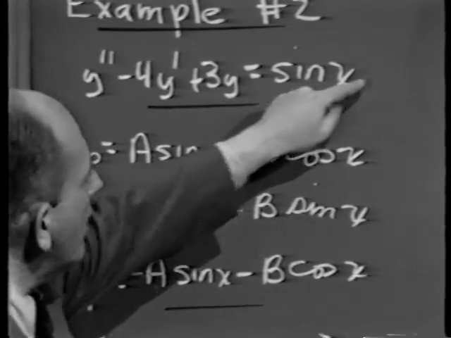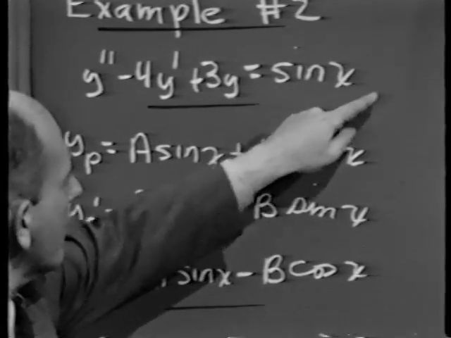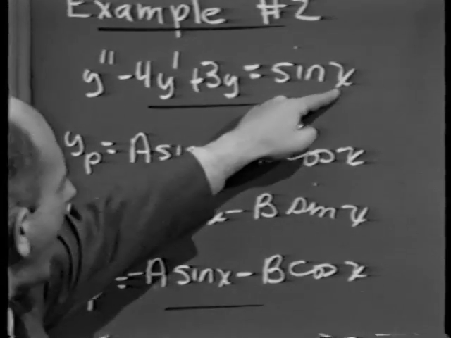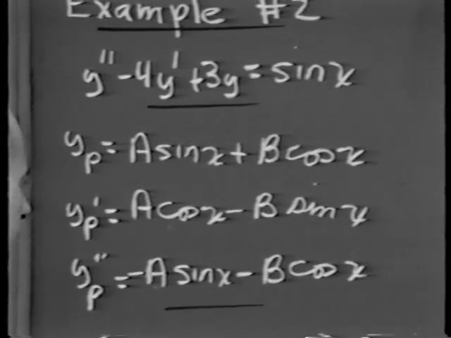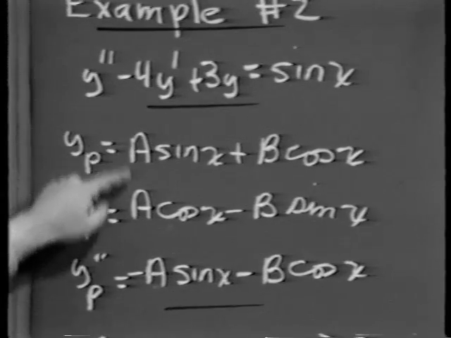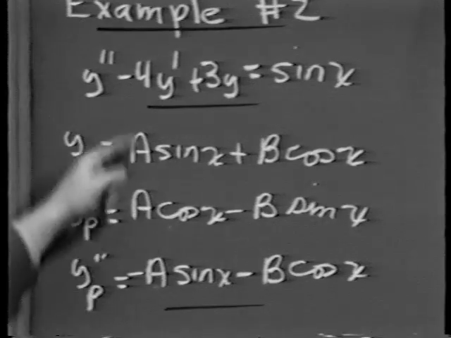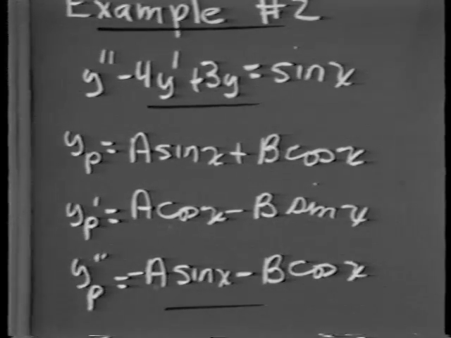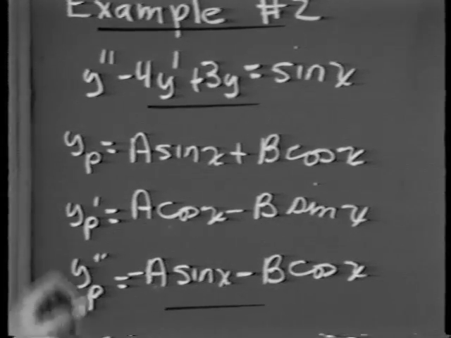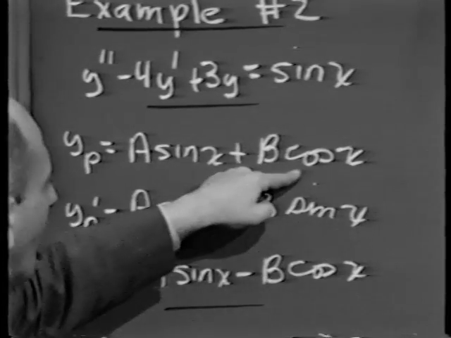That means that a would have had to be compared with two coefficients on the right-hand side. Namely, the coefficient of sine x on the right-hand side is 1. The coefficient of cosine x is 0 because it doesn't appear. And we could very easily have wound up with a contradiction. We would have found that there was no value of a that could satisfy two things simultaneously. But that will be emphasized more in the exercises. For now, just take my word for it that this is the trial that we make.